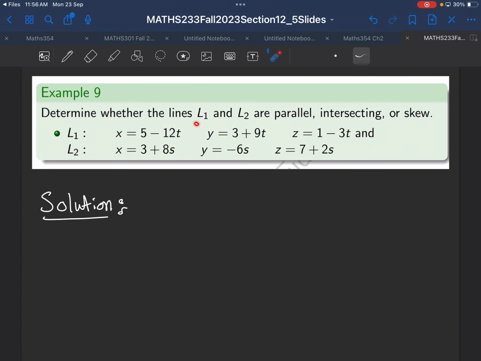So in this question, we need to check whether the line L1, given by this parametric equation, is parallel to line number 2, which is given by another set of parametric equations.